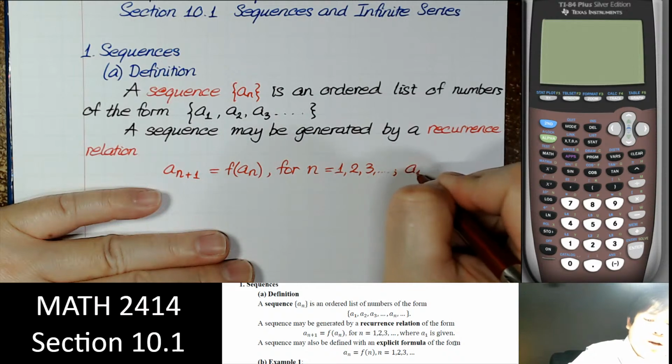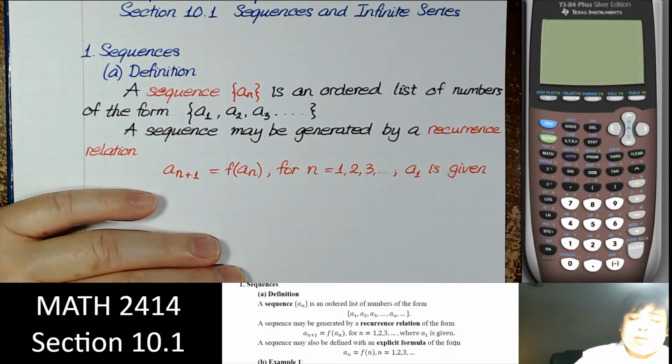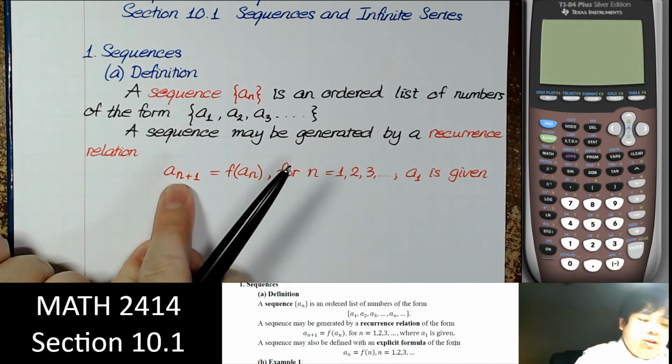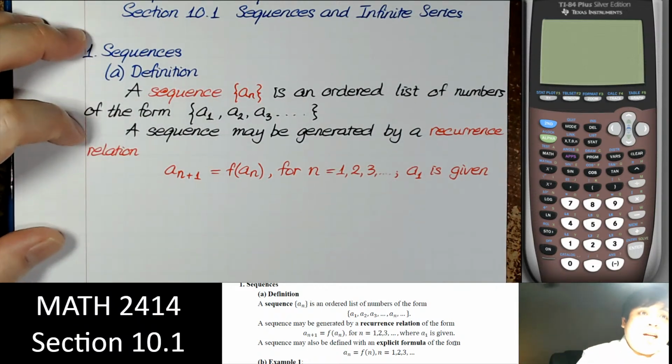In this case, the first term is given. So we know the first term, and then this formula gives us the second term, and the second term gives the third term, and so on.